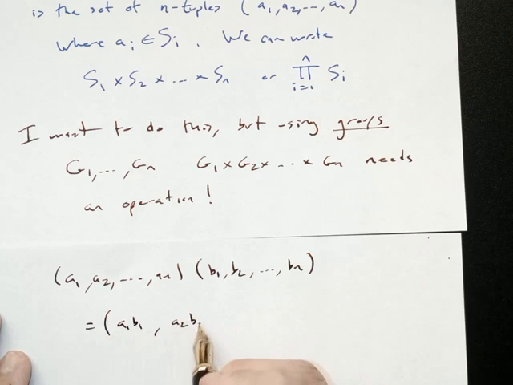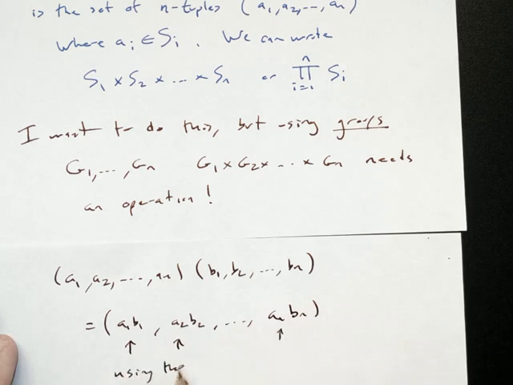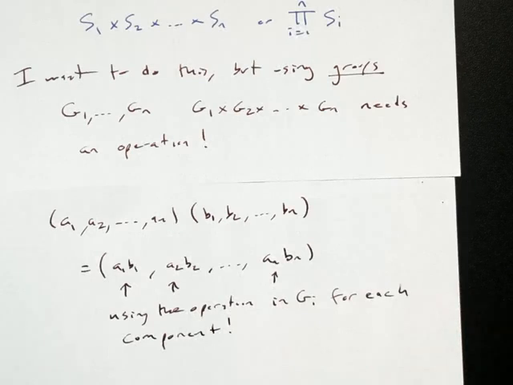Similarly, A2 and B2 are both in group 2. So I'll use whatever operation is in group 2 all the way up to An, Bn. And I'll do this component-wise operation.